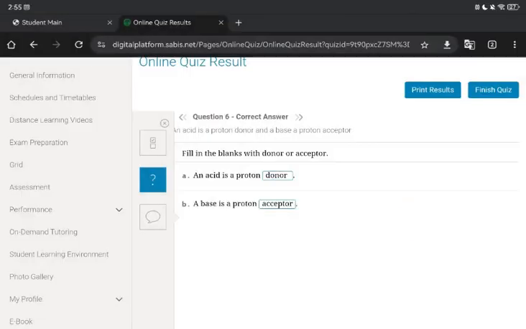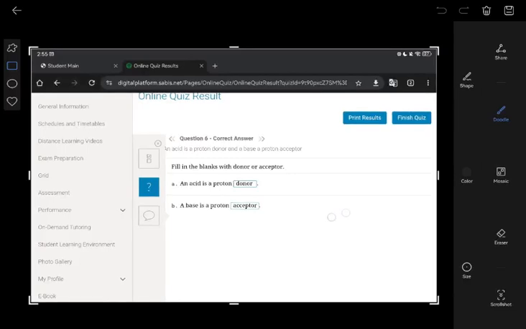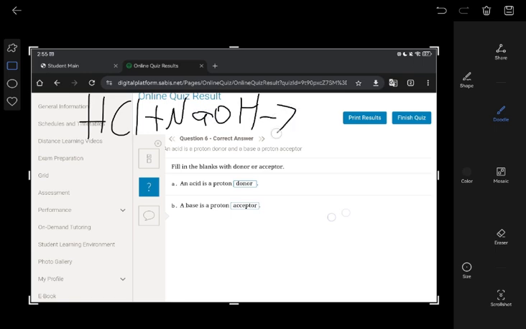So what that means is an acid is a proton donor. Look, for example, HCl plus NaOH. You should know by now, it gives you salt and water, so NaCl plus H2O. What they mean by an acid being a proton donor: see how Cl is here by itself? Where did the H go?